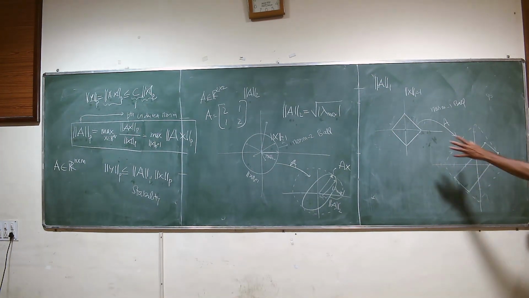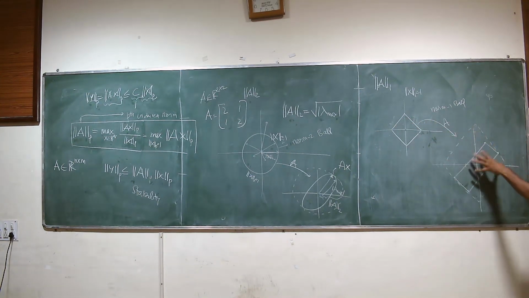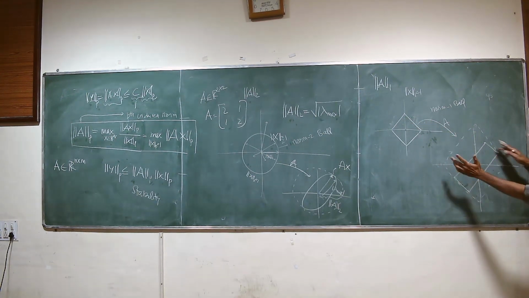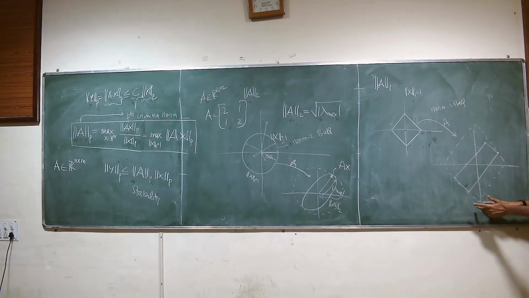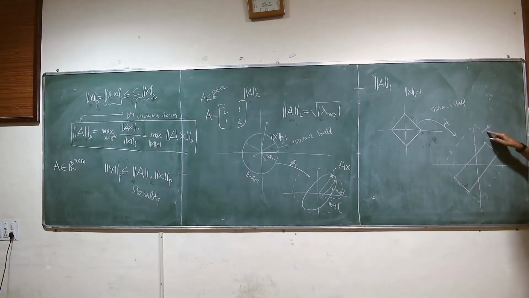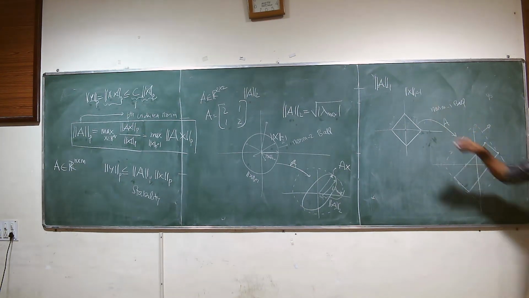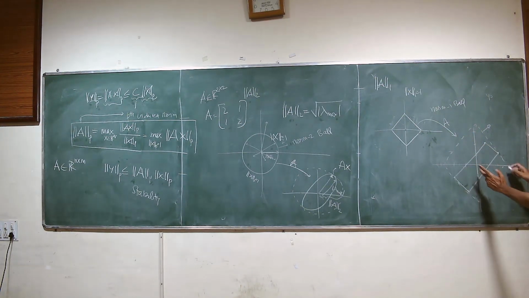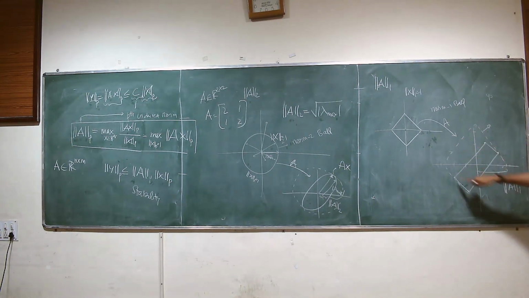If you take any vector from here and map it using A, that new figure fits within this, right? That means this is the maximum possible amplification you could have gotten under the first norm. So the size of this, or this distance here that you have, will essentially be your induced norm, because all vectors under this mapping will have a one norm that essentially fits within this.